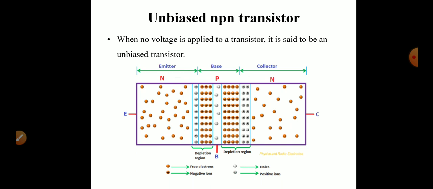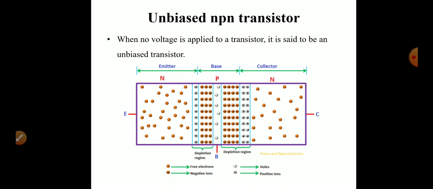In the N region, electrons are in higher concentration, and in the P region, a large number of holes are there. In the N region holes are fewer, while in the P region electrons are fewer.